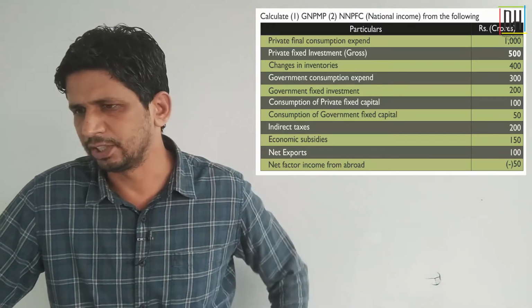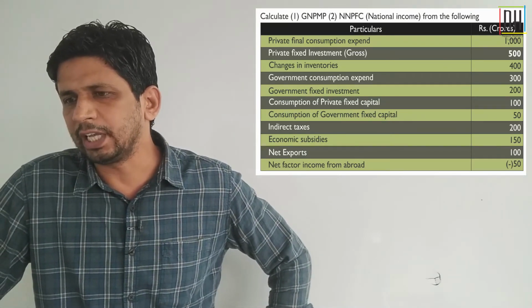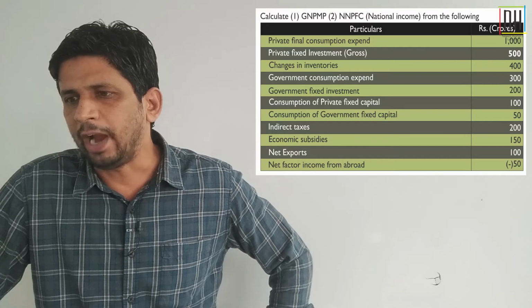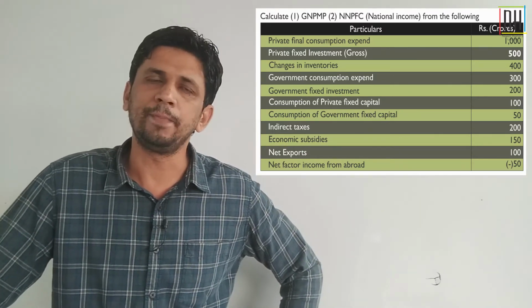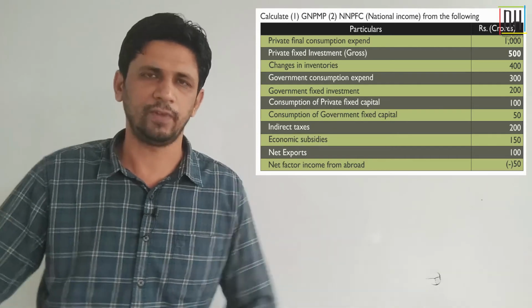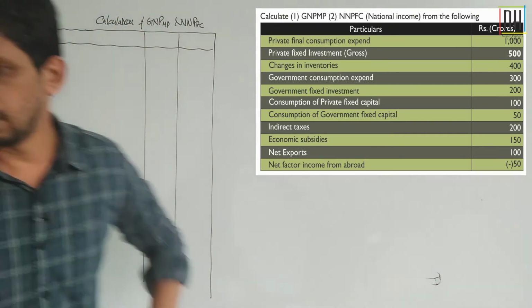Ultimately, we will consider total depreciation. Also given are indirect taxes, economic subsidies, net exports, and net factor income from abroad. We have to calculate GNP at MP and NNP at FC.